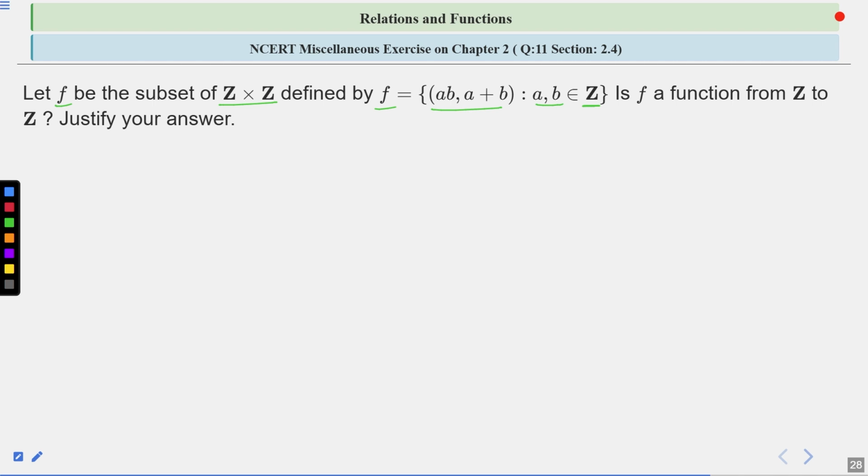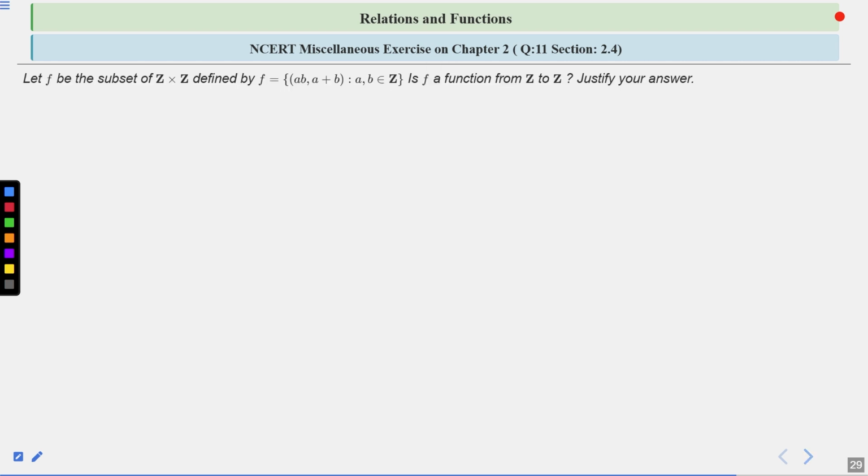Is the given set a function from Z to Z? You will have some seconds to try this problem, then afterwards we will move on to the solution slide. So your time starts now. The time is up. Quite a simple problem.